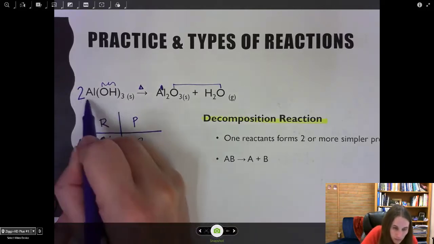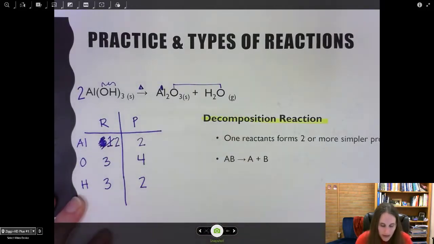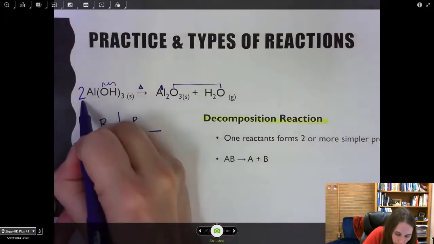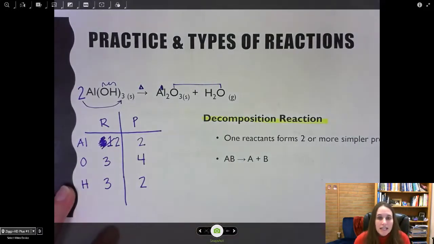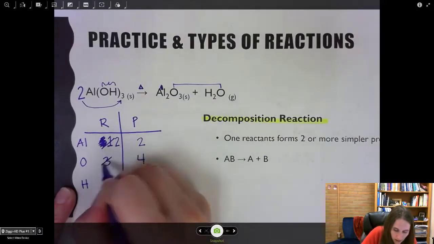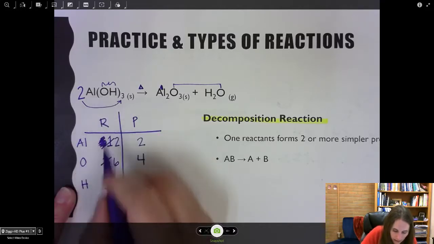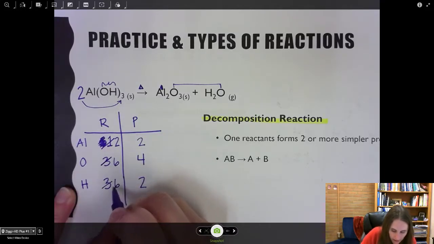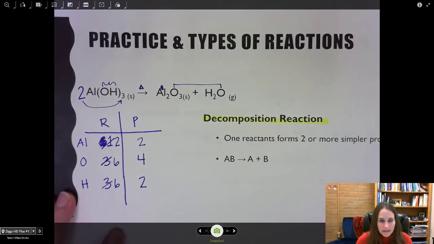That 2 multiplies over then to my aluminum, and I now have 2 aluminum atoms considered in my reactant side. Now this 2, however, multiplies this 3 to 6. So that's then going to say, no, I don't have 3 oxygen atoms, I have 6. I don't have 3 hydrogens, I have 6. So I've become further imbalanced on my reactant side.